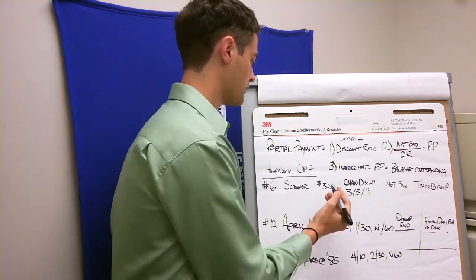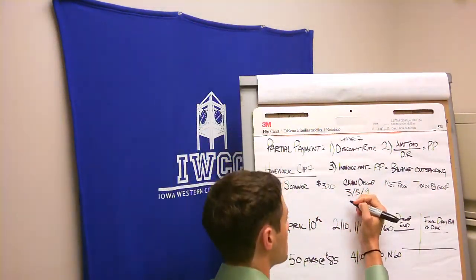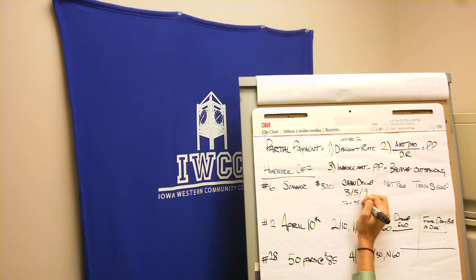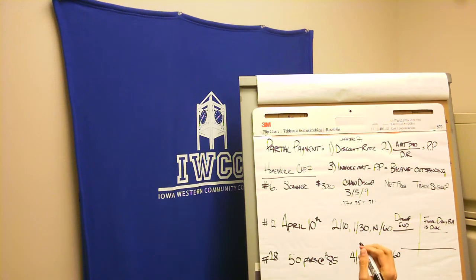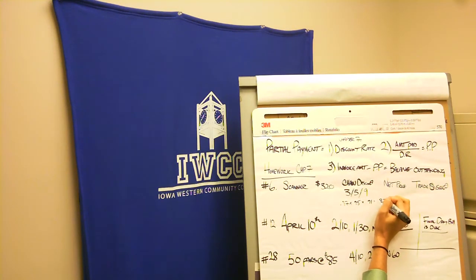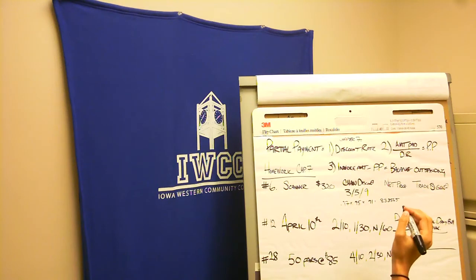Well, I have my price, and I know how much discount I get, so I have 0.97 times 0.95 times 0.91 to get my total of my discounts added together, which will be basically 0.838565.